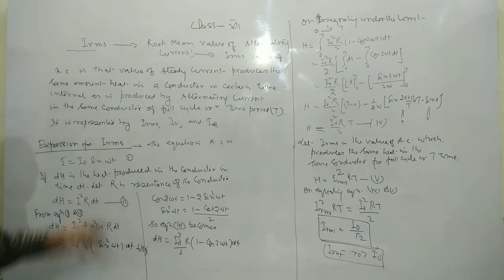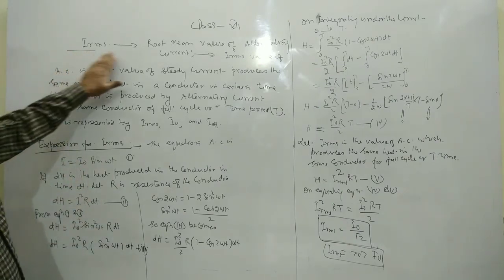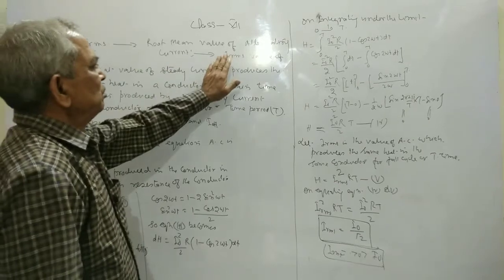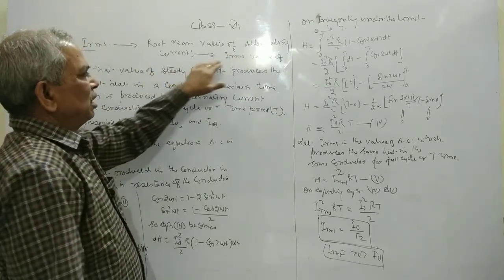Now again, RMS, root mean square value of alternating current.